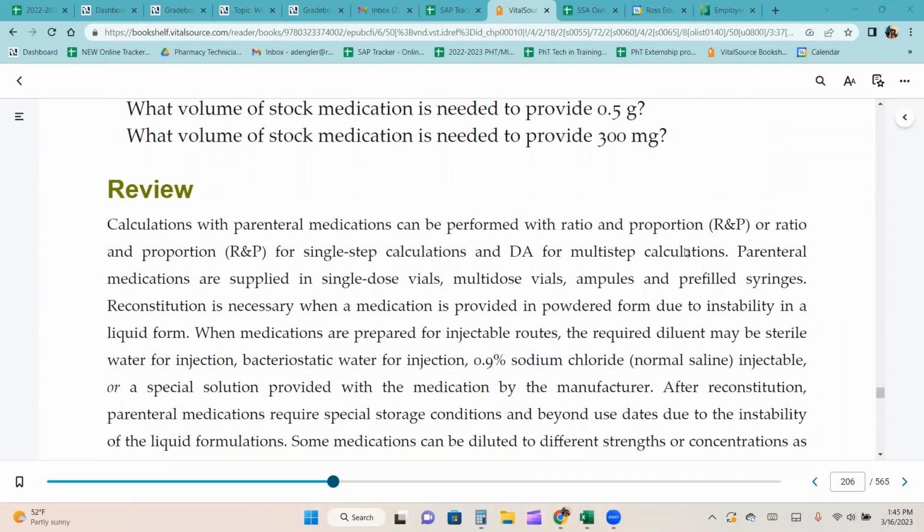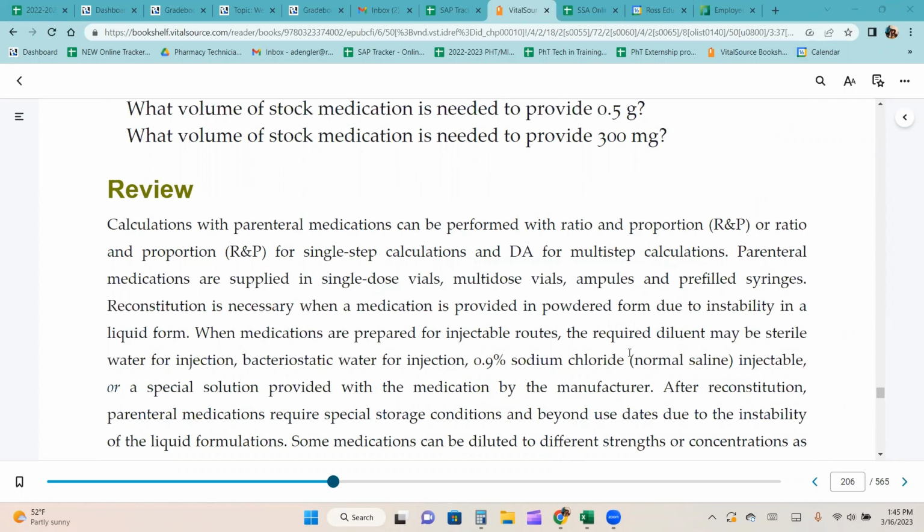Calculations with parenteral medications can be performed with ratio and proportion for single step calculations and DA for multi-step calculations. Parenteral medications are supplied in single dose vials, multi-dose vials, ampules, and pre-filled syringes. Reconstitution is necessary when a medication is provided in powder form due to an instability in the liquid form.